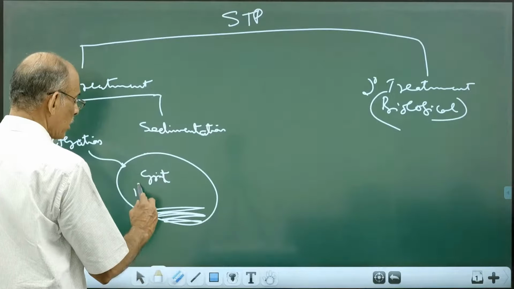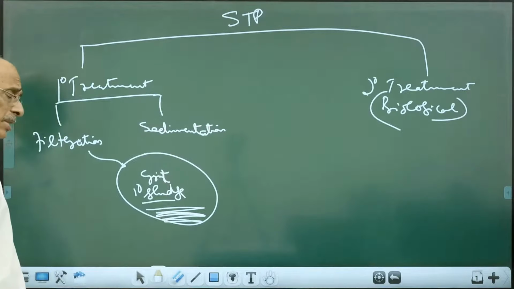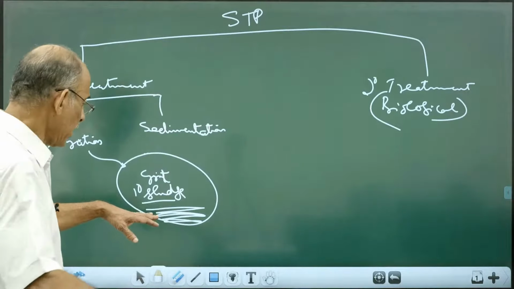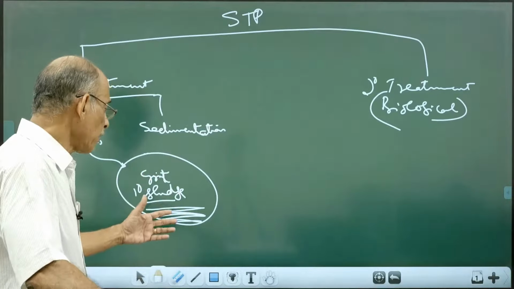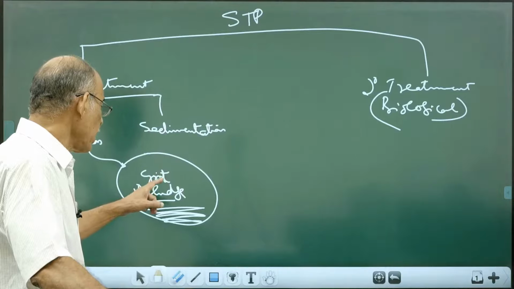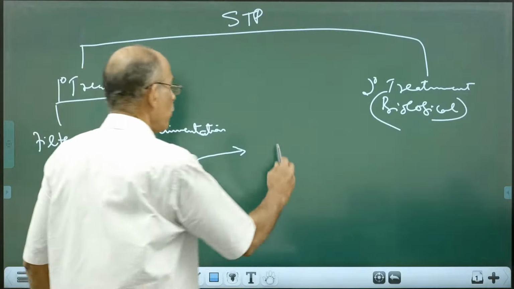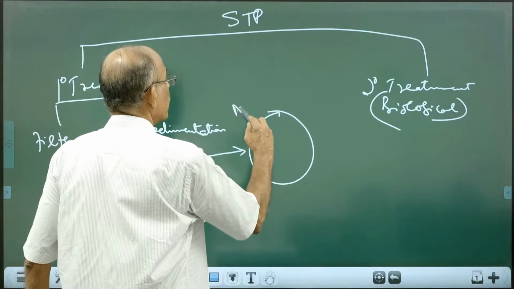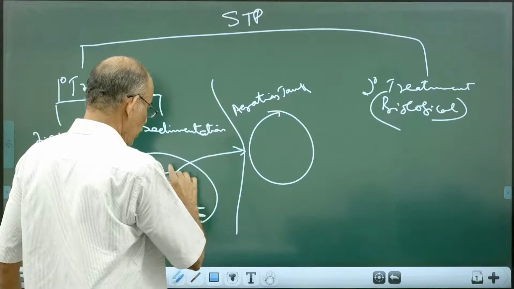This is known as primary sludge. Since this contains many soil and solid particles, it can be used for landfilling, etc. And the supernatant liquid after sedimentation is pumped into a tank known as the aeration tank. So after this, the primary treatment is finished.